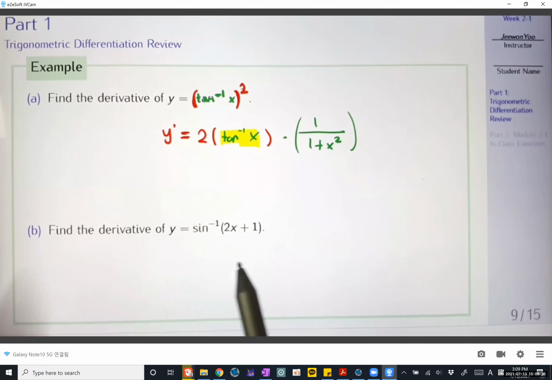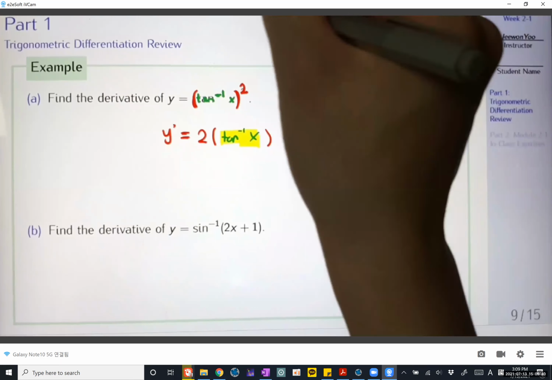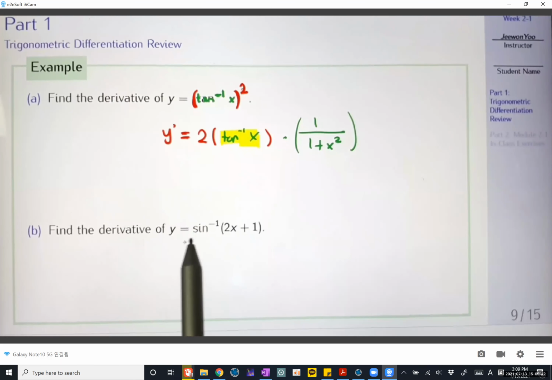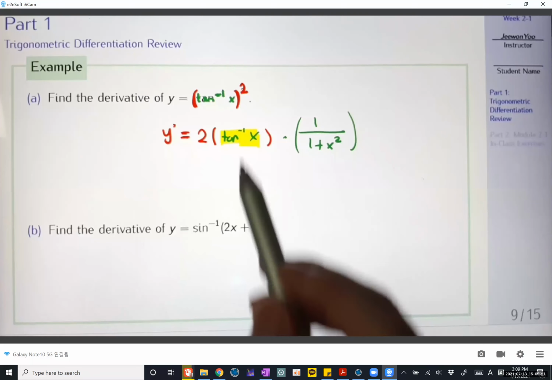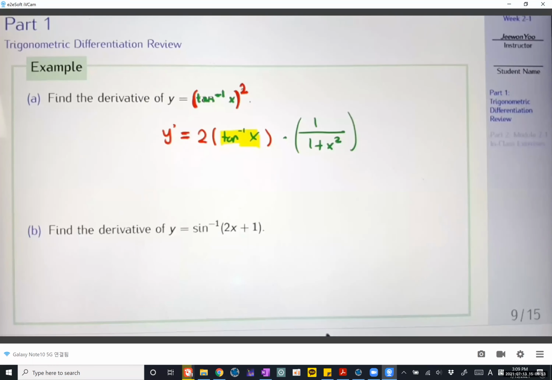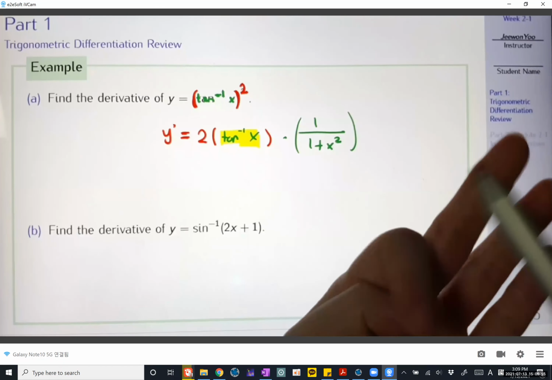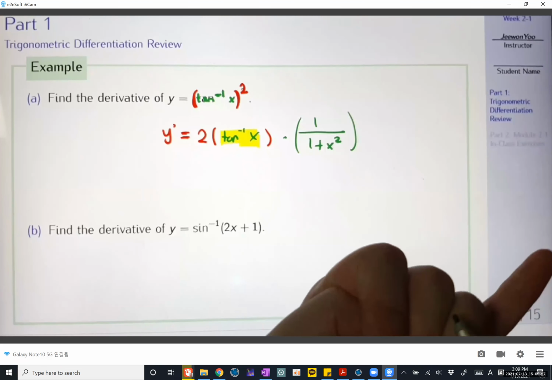Okay. Let's try one more time. This time we're going to use sine inverse. What is the derivative of y equals sine inverse of 2x plus 1? It's actually the chain rule.